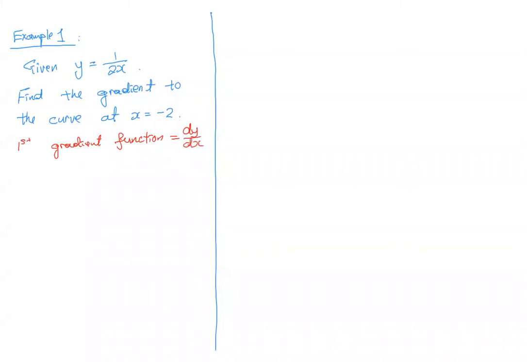So in this case, how am I going to write my dy dx? How am I going to write my y? Can someone suggest to me how should I change my y so that I can apply this formula?